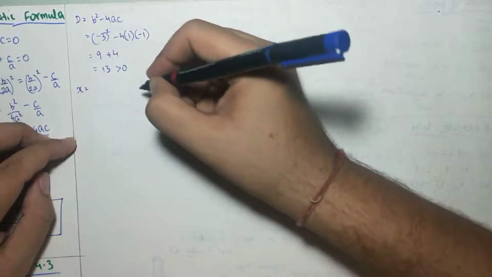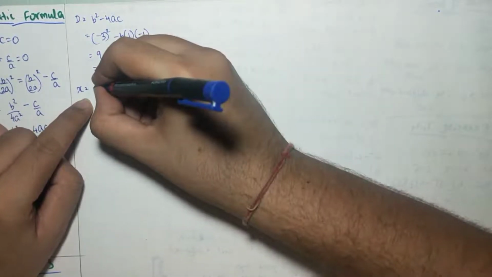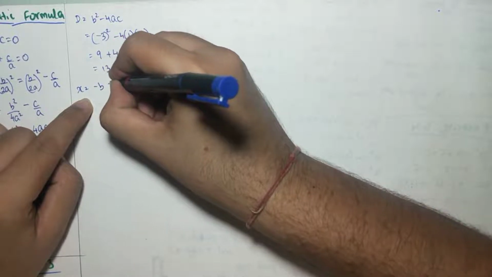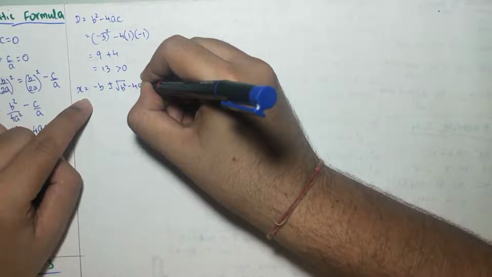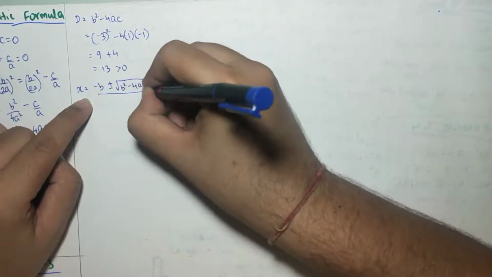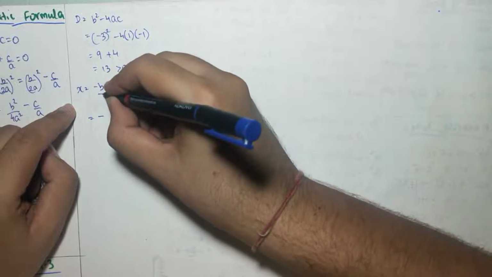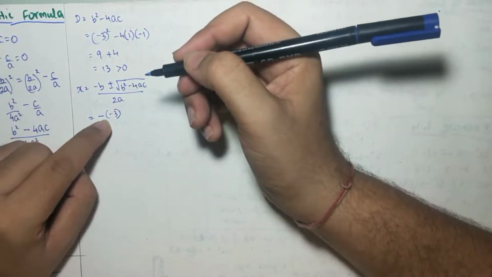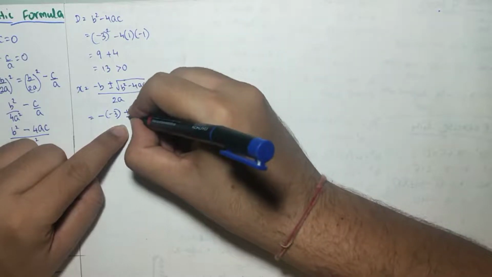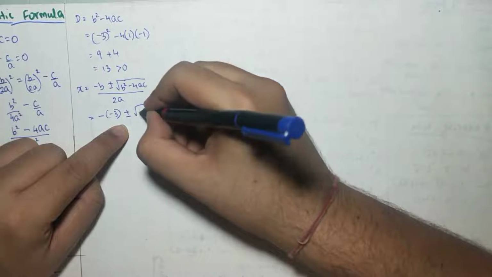roots of the equation. So x will be equal to the quadratic formula, minus b plus minus under root b square minus 4ac whole upon 2a. Minus b, the value of b was minus 3, so this will become minus of minus 3, plus and minus under root b square minus 4ac. What is the value of b square minus 4ac?